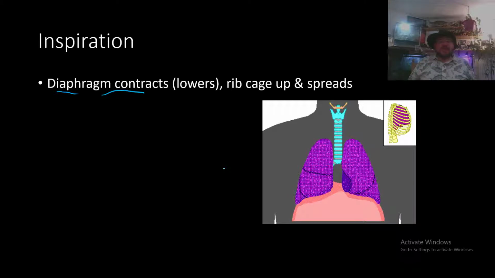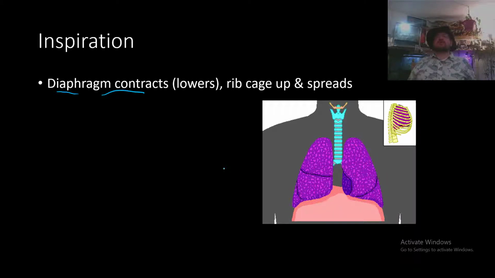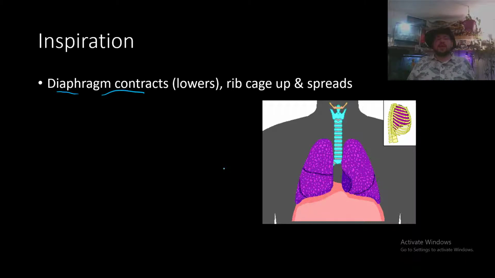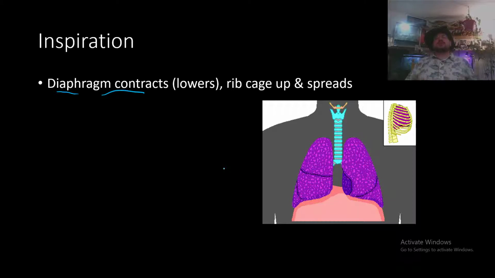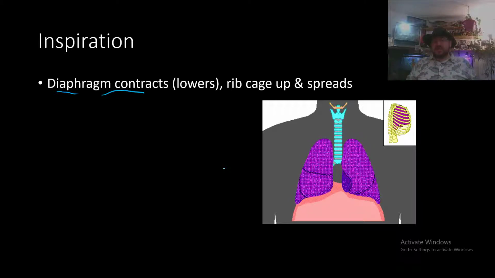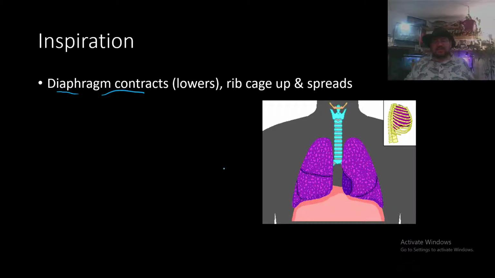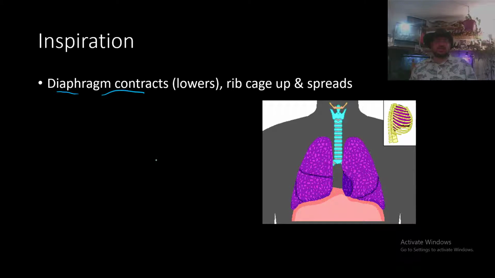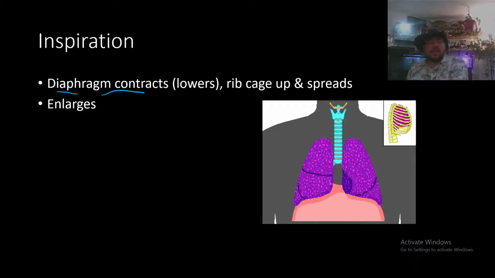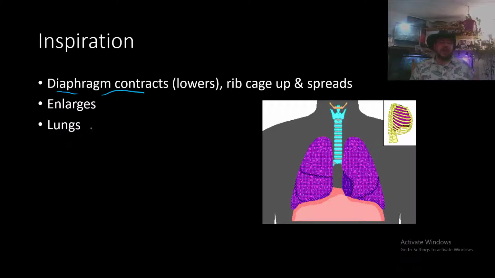At the same time, unconsciously, your rib cage sort of moves up a little, and it sort of opens up as your ribs spread out. So, basically, you increase the space in your chest cavity. And when you increase the space in your chest cavity, it enlarges the lungs. So the lungs enlarge.